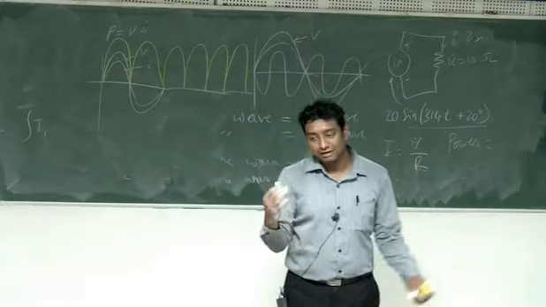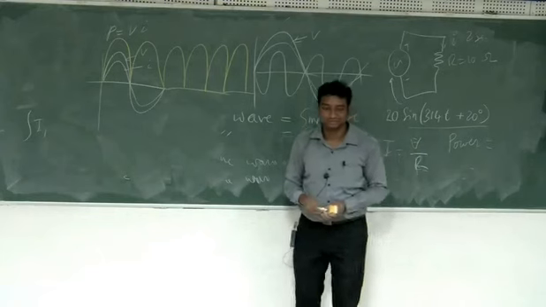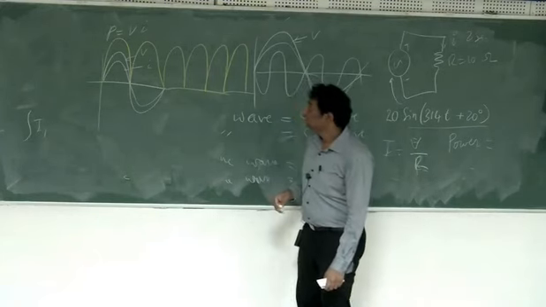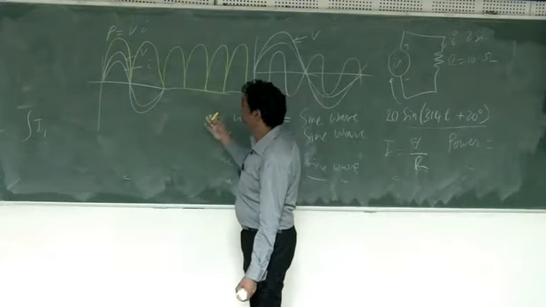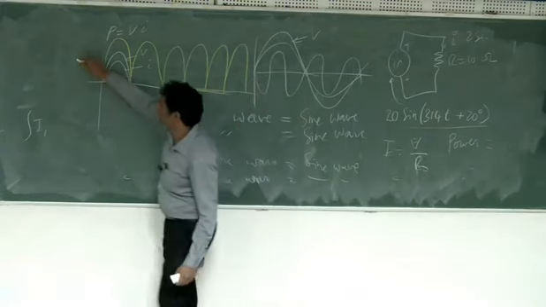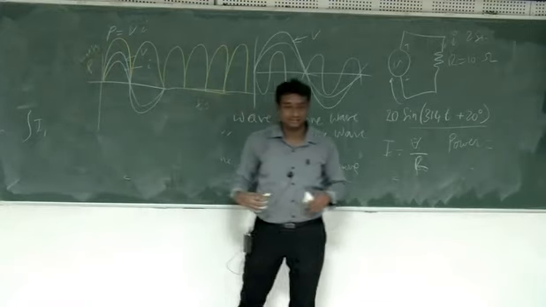So what is the value of power consumed by the resistance? Okay, so I hear some intelligent answers. You cannot tell what it is. See, this is time and this is power in watts. If I ask what the power is, you will ask at what time.